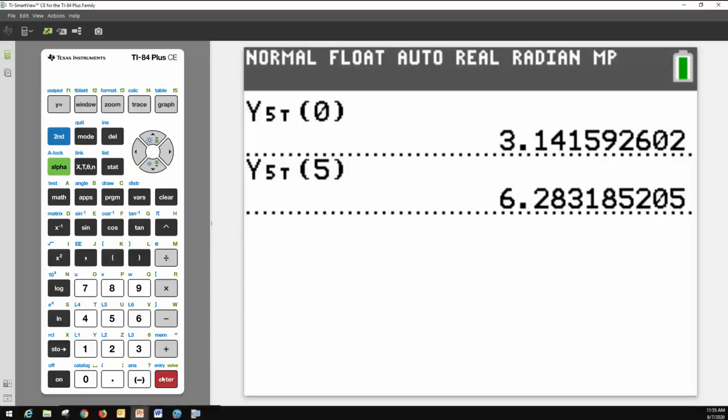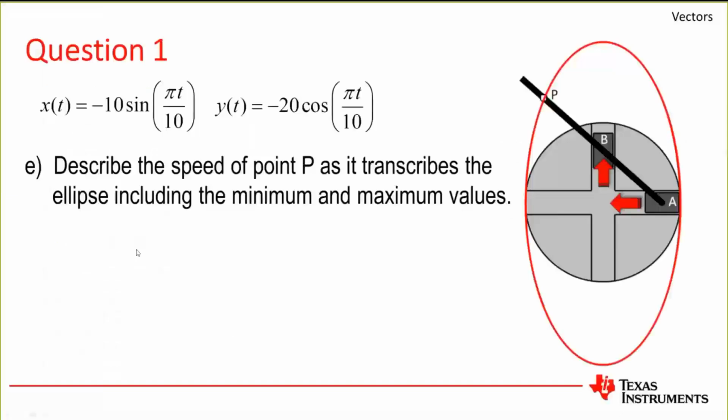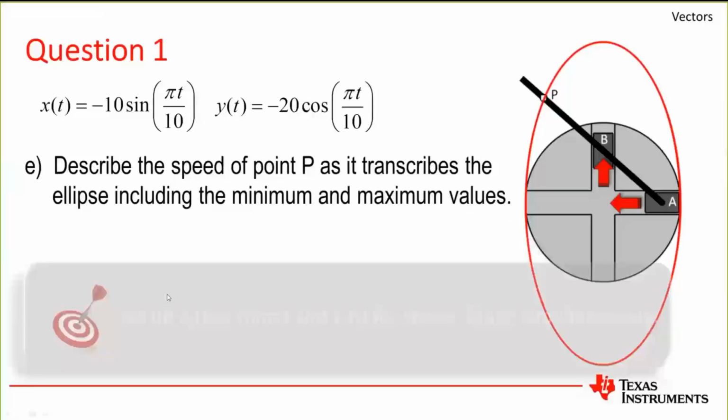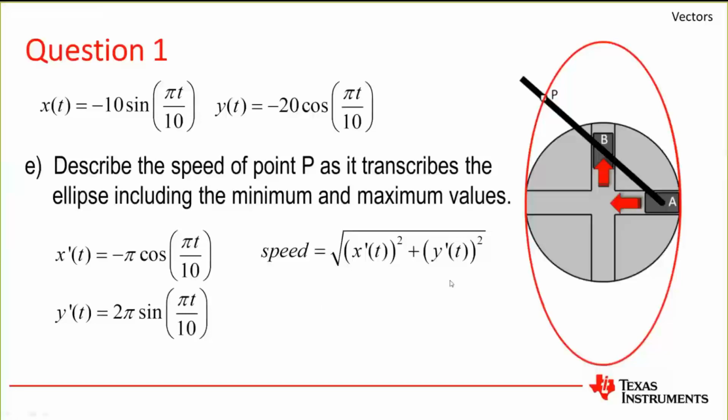If you're doing that by hand, you'd need to do the derivatives of x of t. That's all I've done there, set those up. So we do the derivative of x of t, the derivative of y of t, and our speed is given by the square root of the sum of their squares, which is what I just put in. And that simplifies to that.